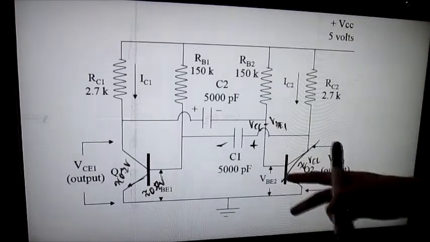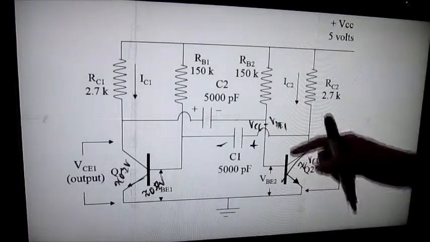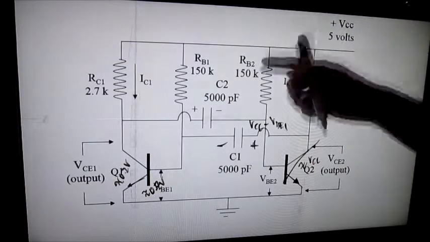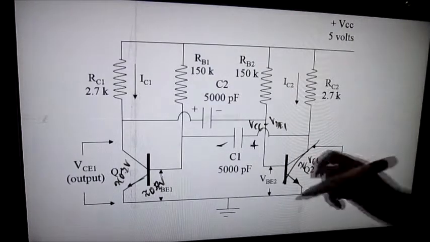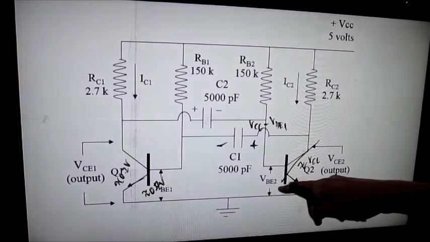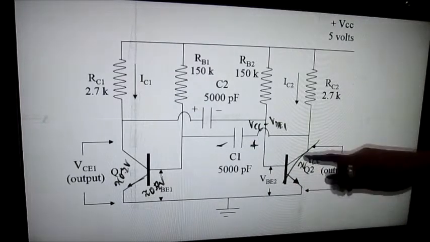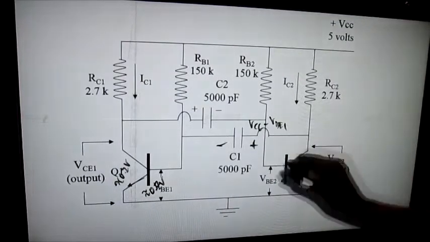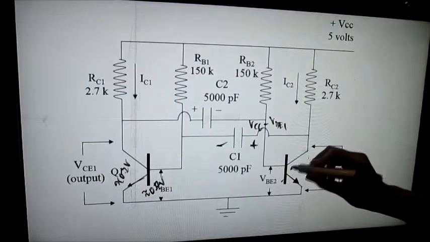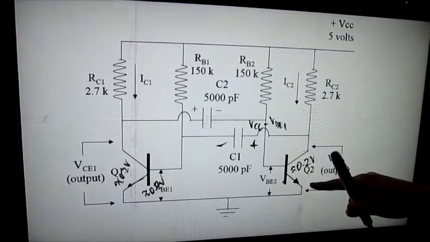This is because the base of Q2 has a direct connection from the supply through RB2. When VBE2 rises to around 0.7 volts, its collector to emitter voltage becomes around 0.2 volts, because Q2 is now turned on.